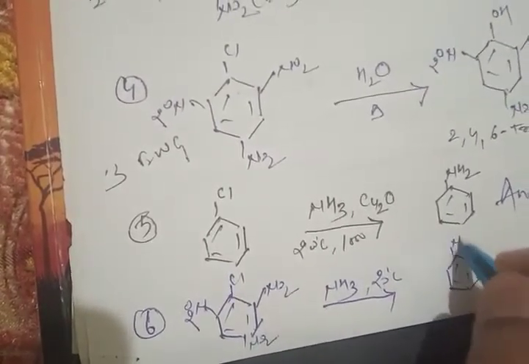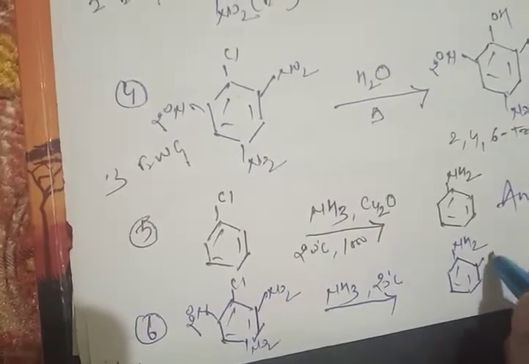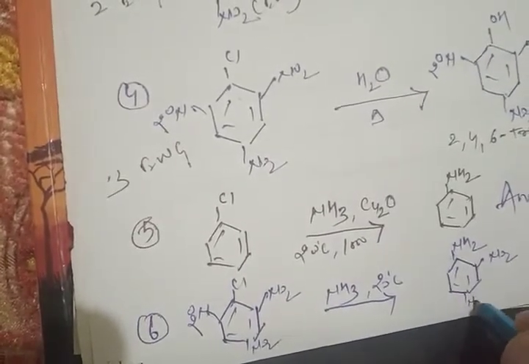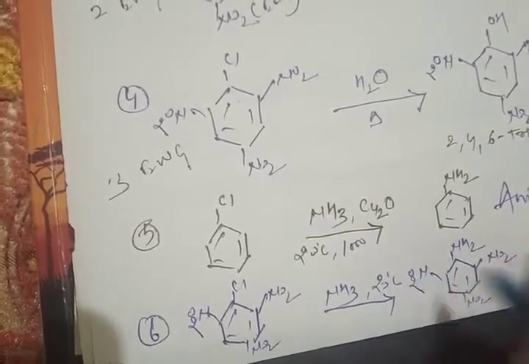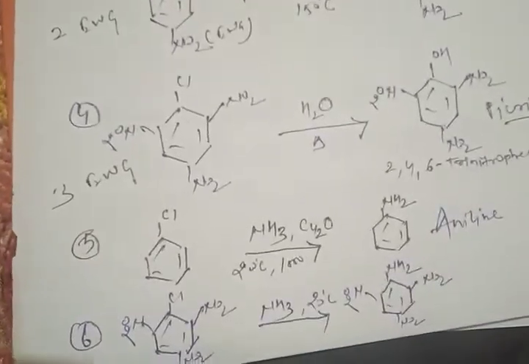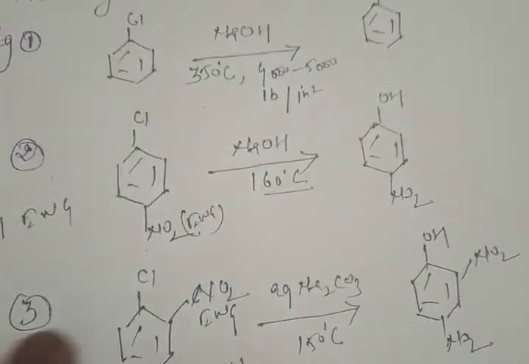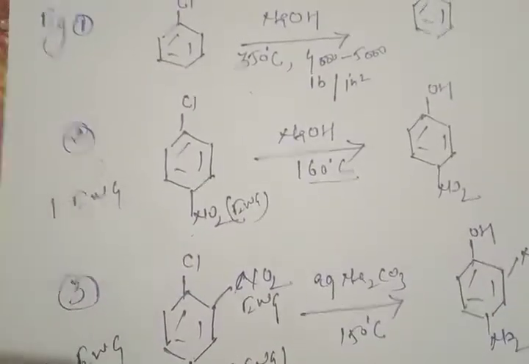This will give you NH2, NO2, NO2, and NO2. So this is the difference an electron withdrawing group creates.